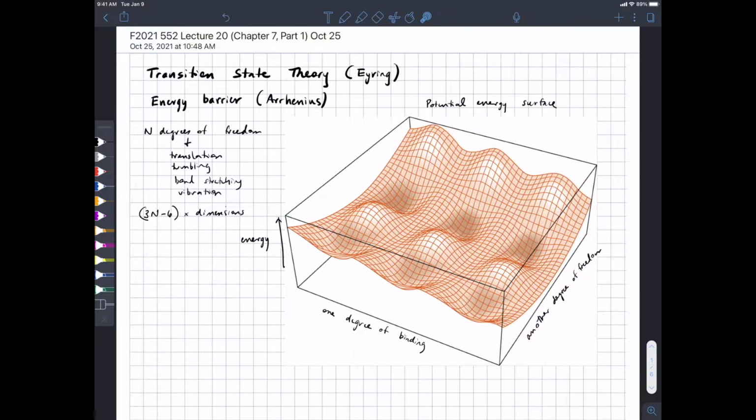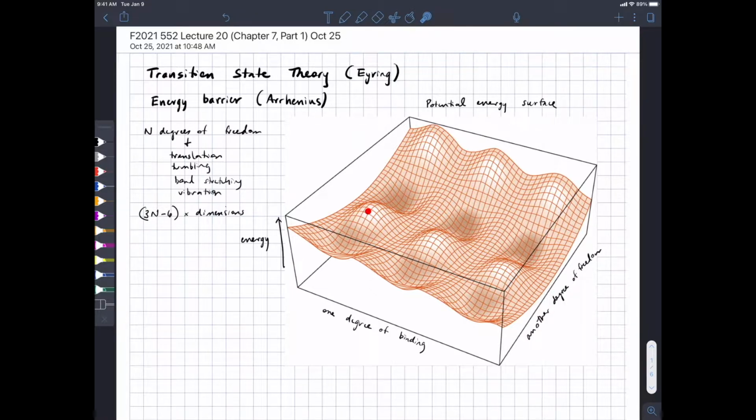Okay, and you can think of it, we don't even need to think about a reaction in this case. This could be a conformational rearrangement. One element of geometry here, another element of geometry there. We have high points, peaks, and those are almost never traversed.